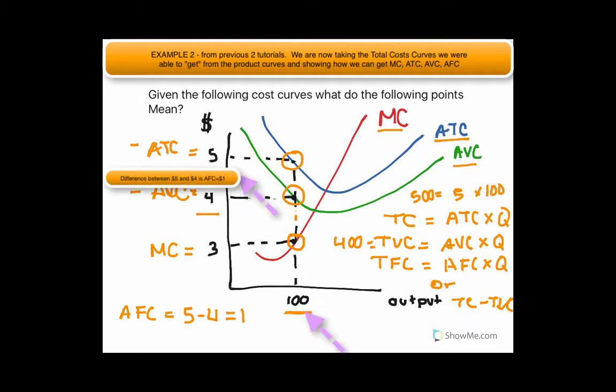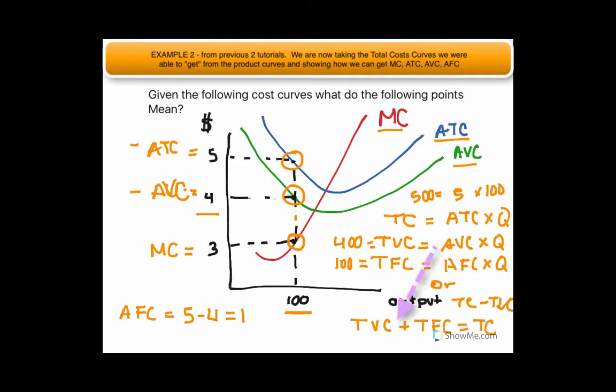And then same for total fixed costs. You could take just the difference of those two, which would give you 100. And then if you wanted to check your work, your total variable cost plus total fixed costs should equal total costs.